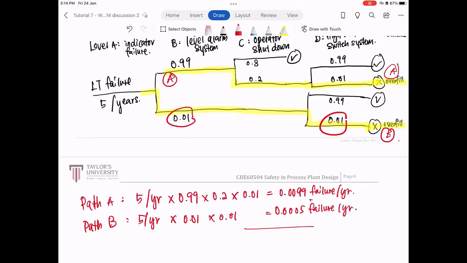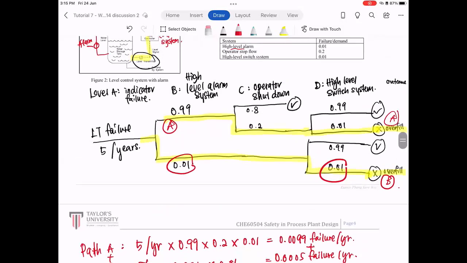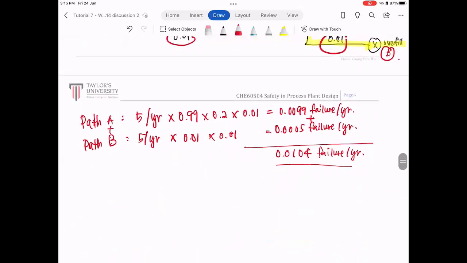The total failure is where you add these two up, path A plus path B, which equals 0.0104 failure per year. With all this system in place, that is how often it will fail.